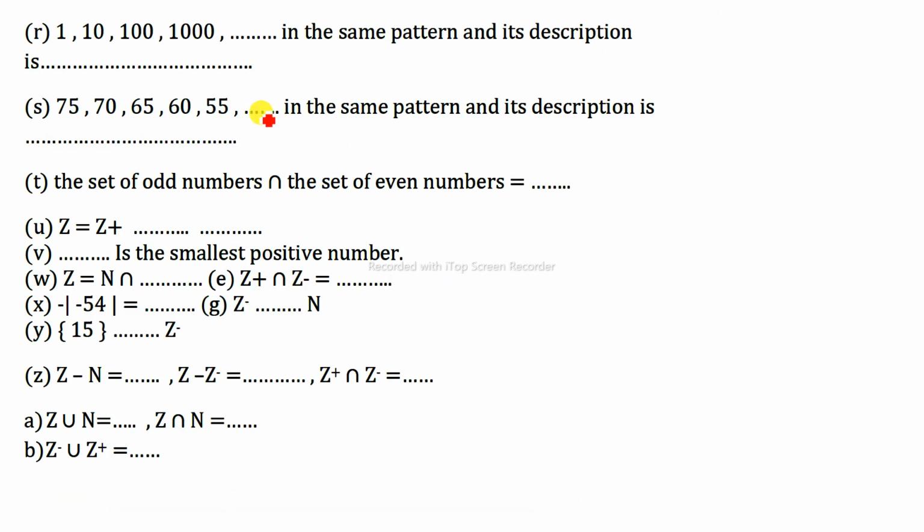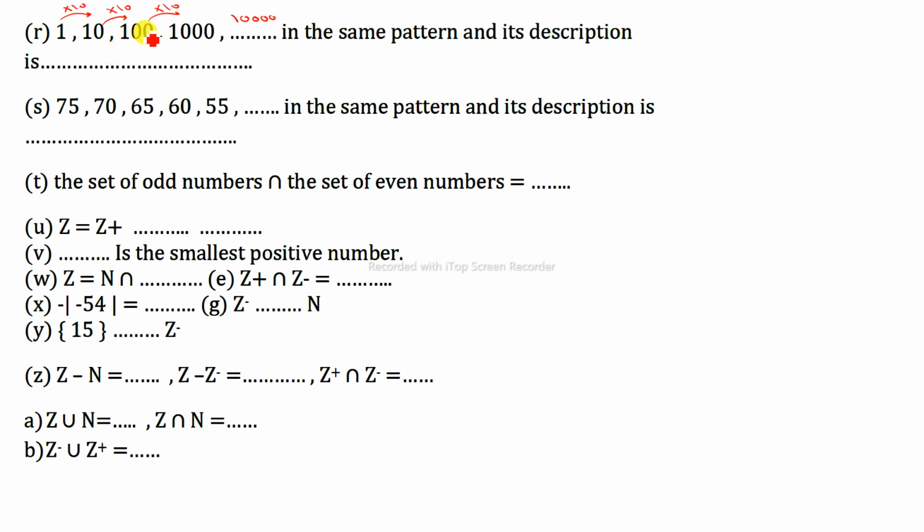Next: 10. What is the pattern here? Each time it is multiplying by 10, times 10, times 10. So the next one, times 10, gives us 10,000. And its description is what?